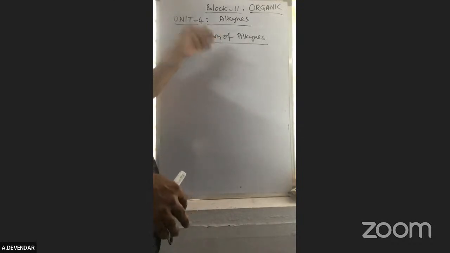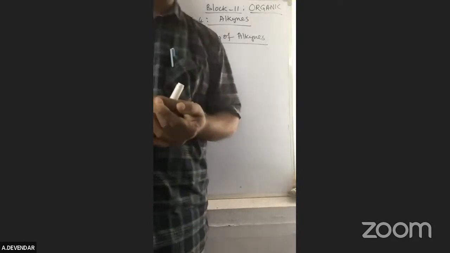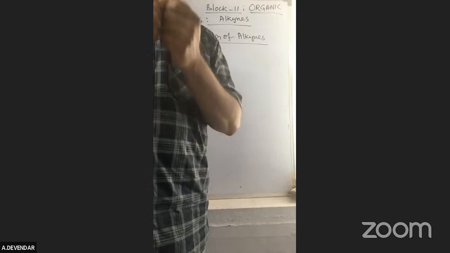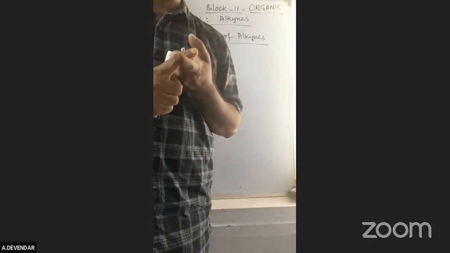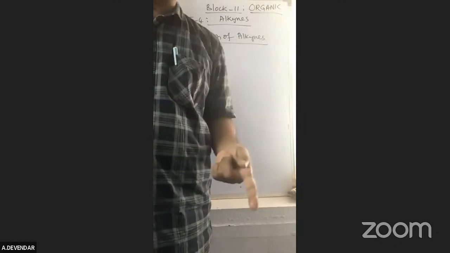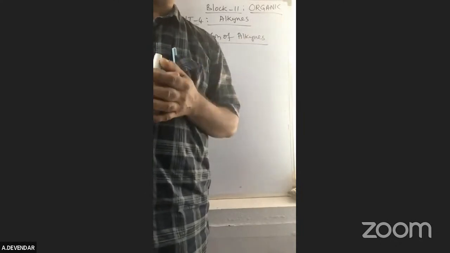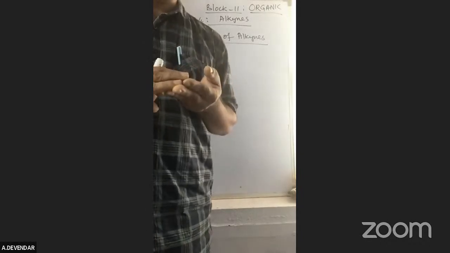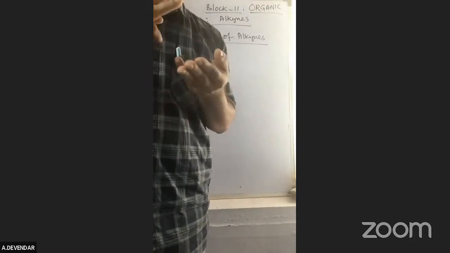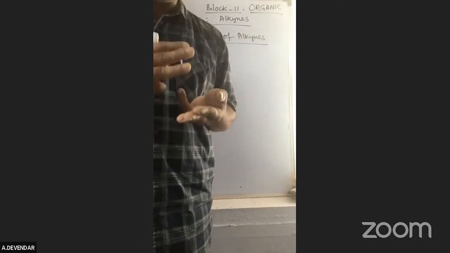Sometimes they ask how many preparations you can write. The question is: write the preparation of alkynes and also its chemical properties, for 10 marks. So you have to write a minimum of 3 preparations and 3 chemical properties.